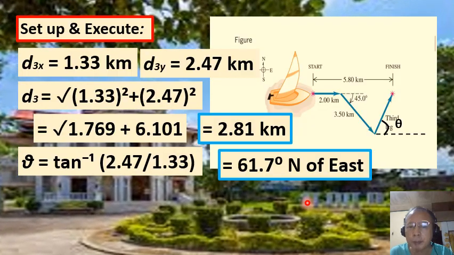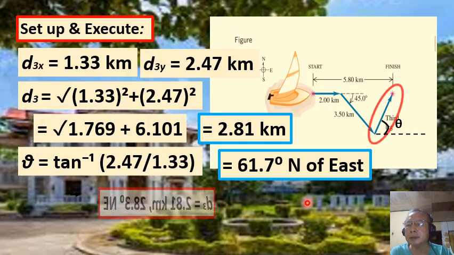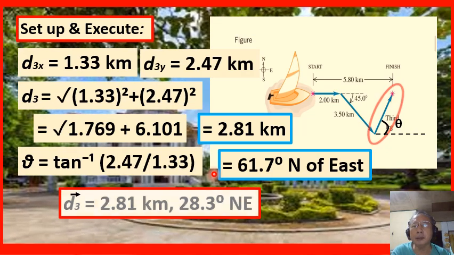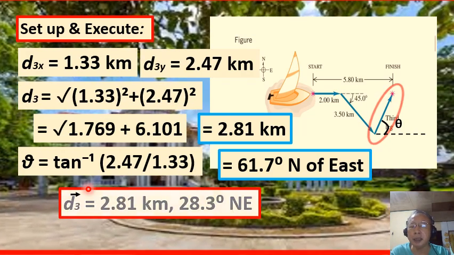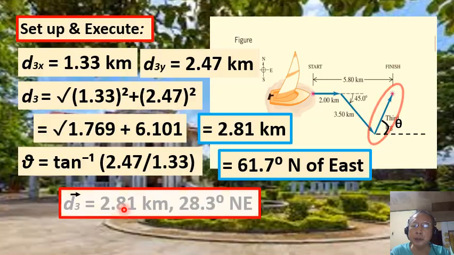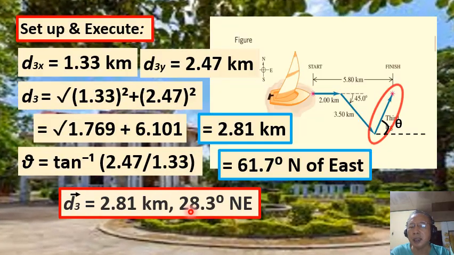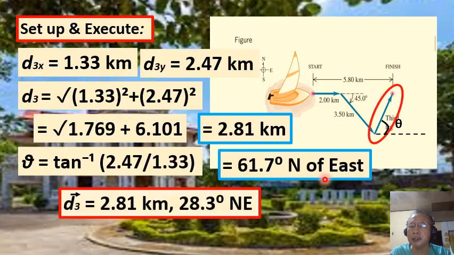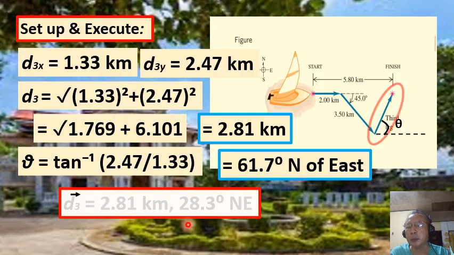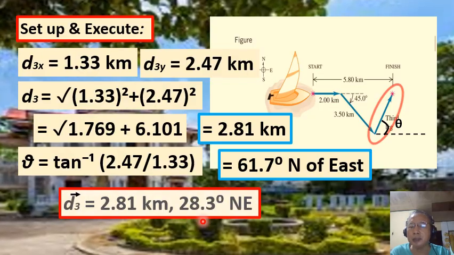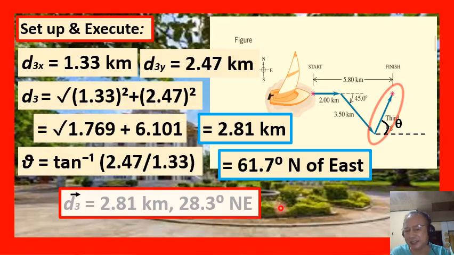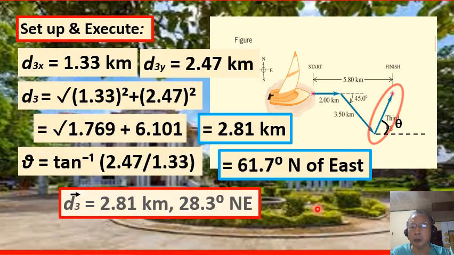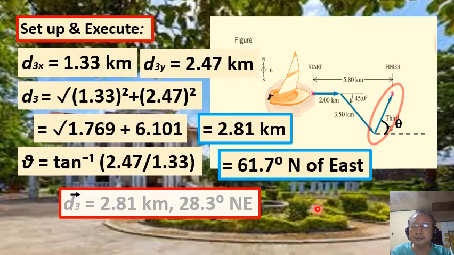Or we may also say that this unknown displacement, d sub 3, has a magnitude of 2.81 kilometers, and its direction is 61.7 degrees north of east, or that can also be the same as 28.3 degrees northeast. So we are done with our tutorial.